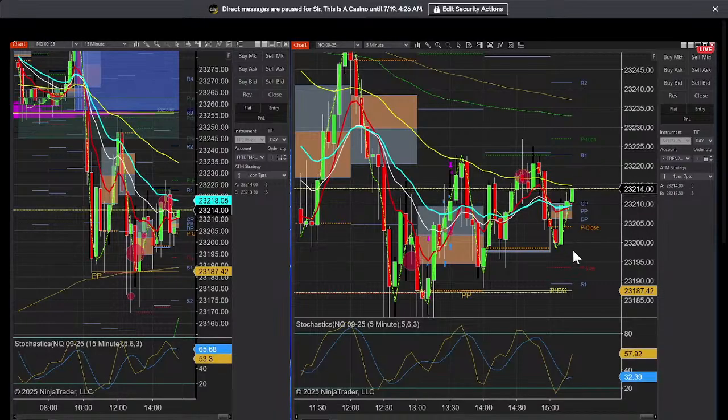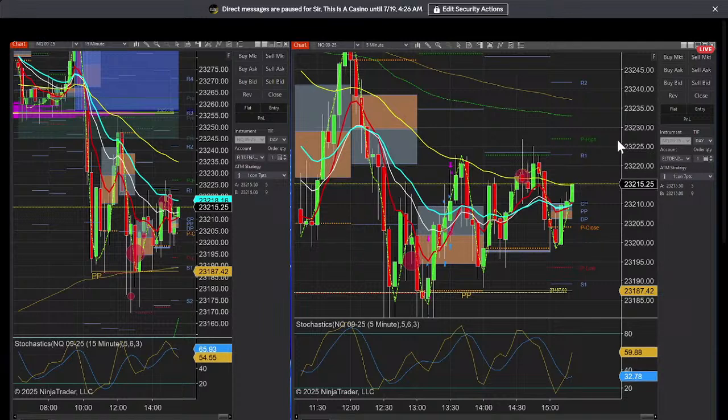So those are my two biggies, the 7 HMA and stochastic. So why do I use the 7, 14, and 21? Well, you can see over here that the 21 is almost the same as the 50 when you go up 3 time frames.